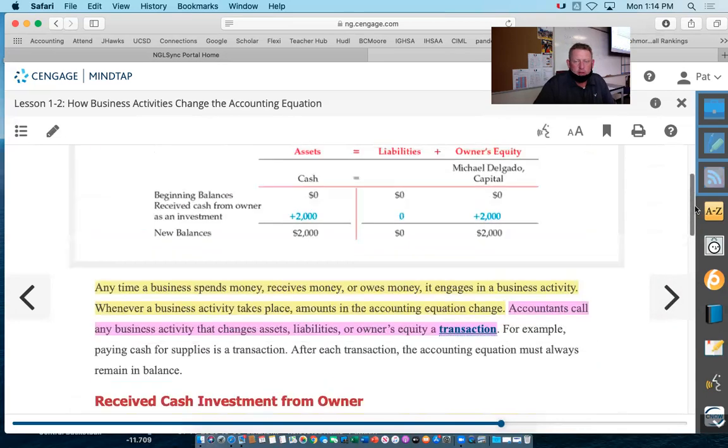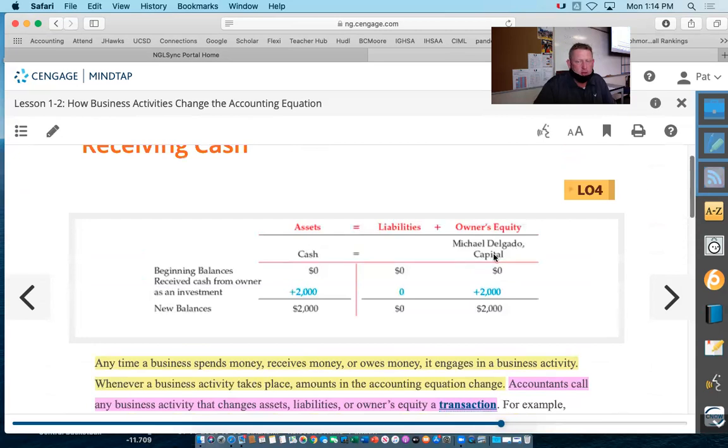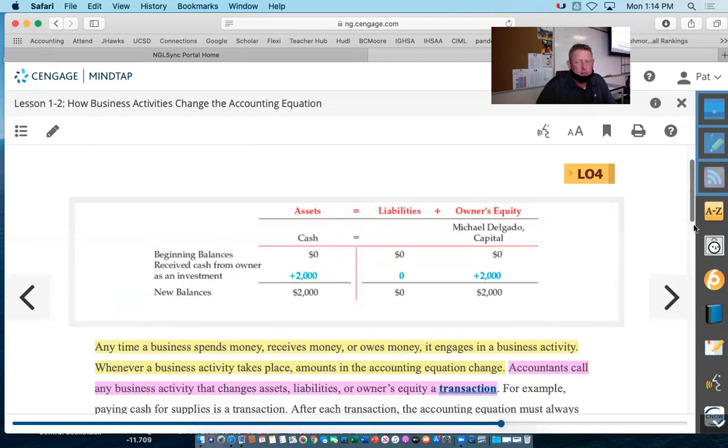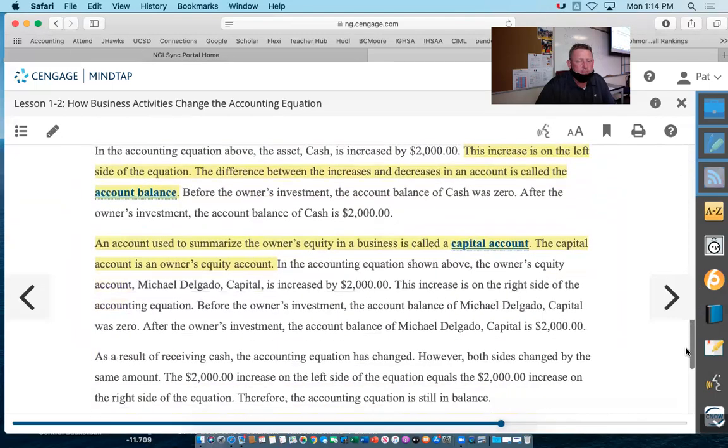So over here, where you saw Michael Delgado, capital, owner's equity is the big idea. Capital is going to be the money he put in under the owner's equity, okay? So his capital, his sweat equity went up $2,000. And so that's what they're talking about there.